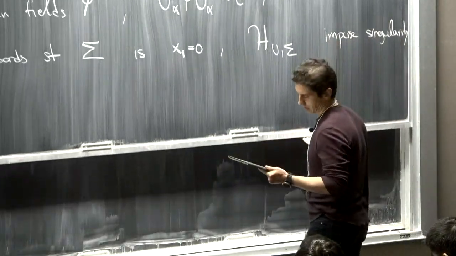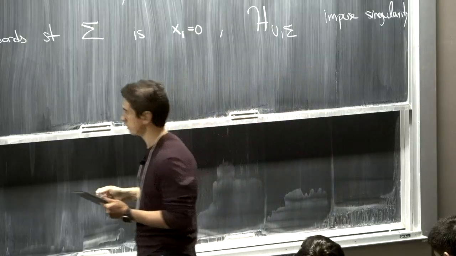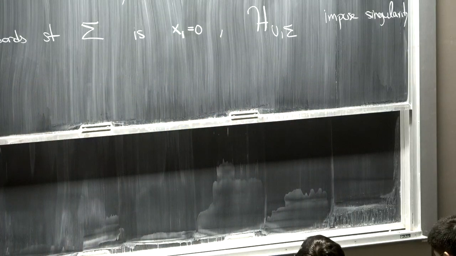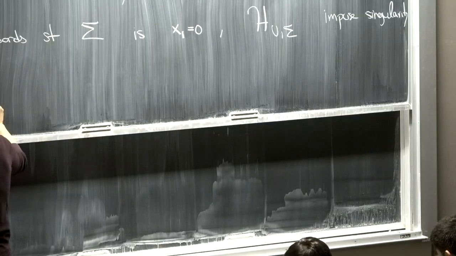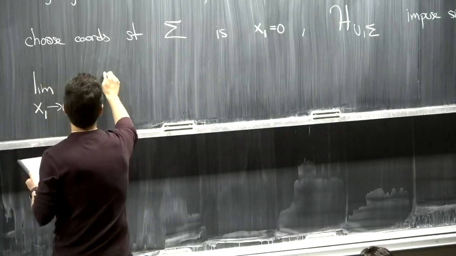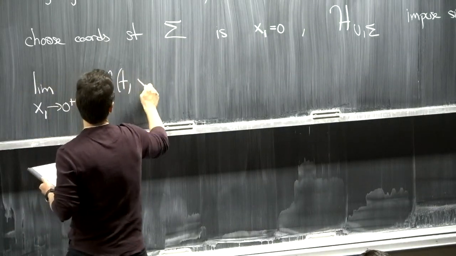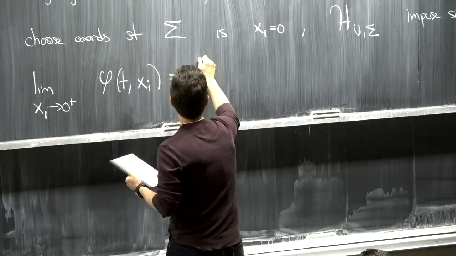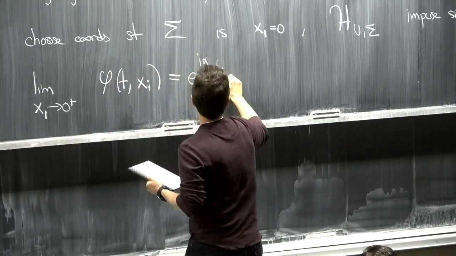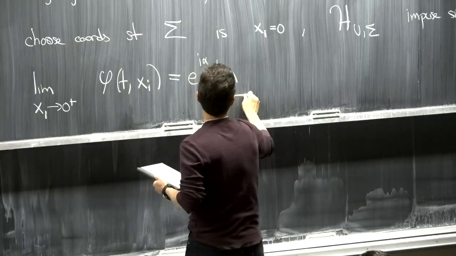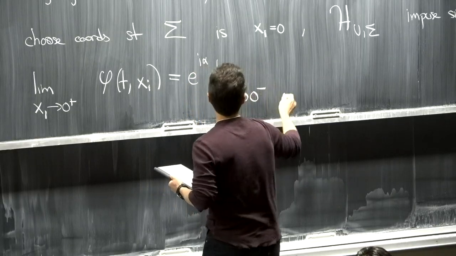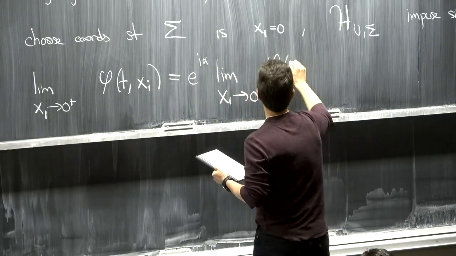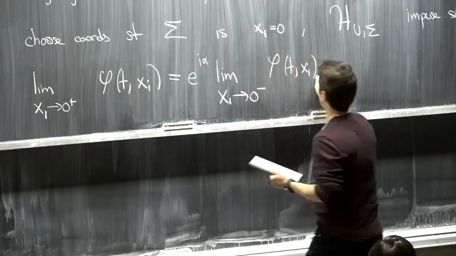So what's that singularity going to look like? Well, it's the limit as x1 goes to 0 from one side of phi of (t, xi) equals e to the i alpha times the limit as x1 goes to 0 from the other side of phi of (t, xi).